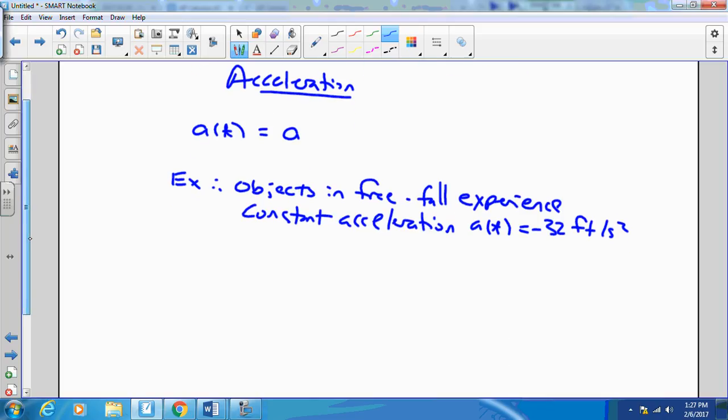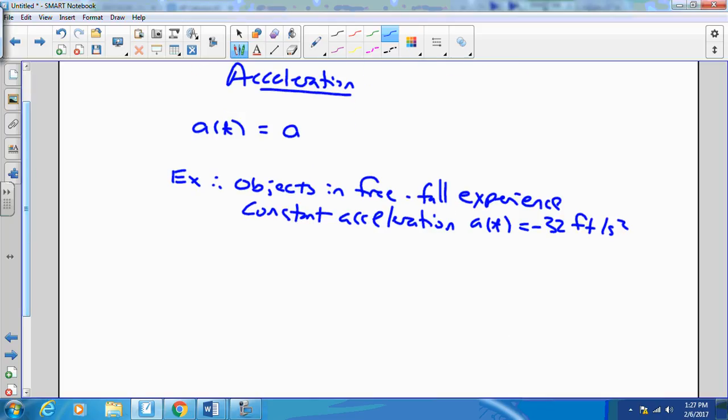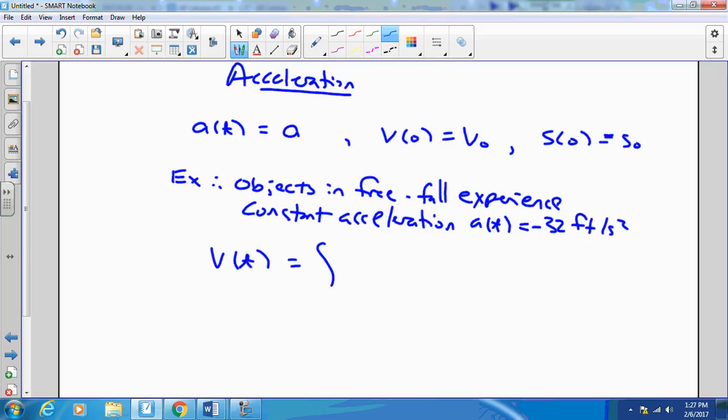So if I have a constant acceleration, let's also specify that we have an initial velocity of v0 and an initial position of s0. And when this happens, I can find the velocity as a function of time t by integrating the acceleration. But because the acceleration is a constant a, I just get a times t plus c.